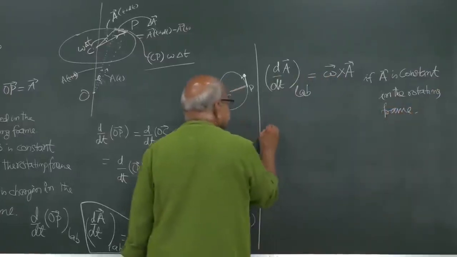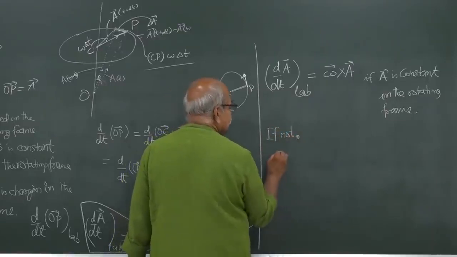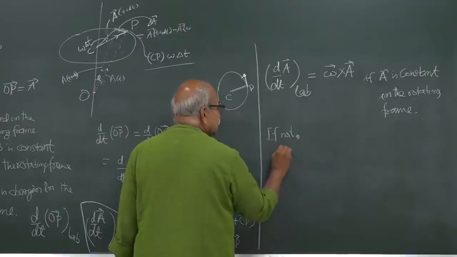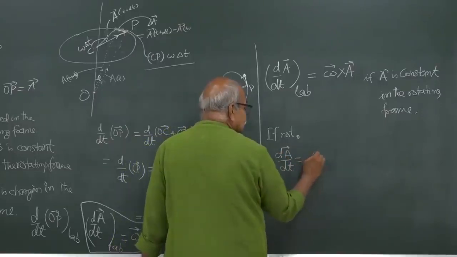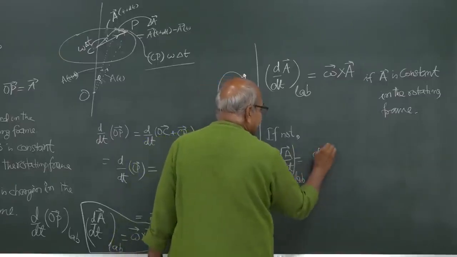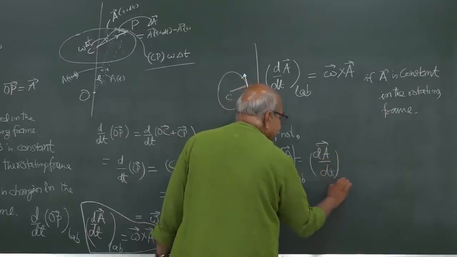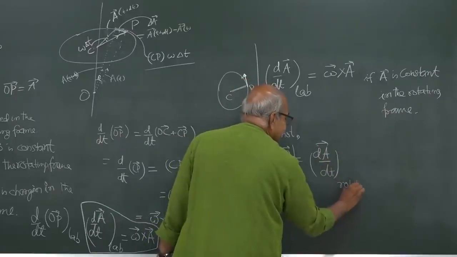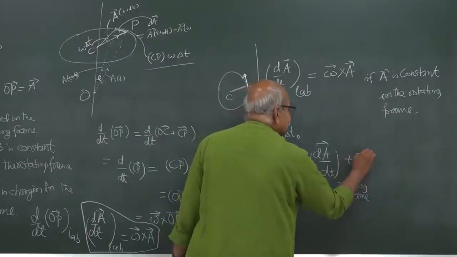If not, the only thing I have to do is add one more term: dA/dt in the lab frame is equal to dA/dt in the rotating frame plus omega cross A.